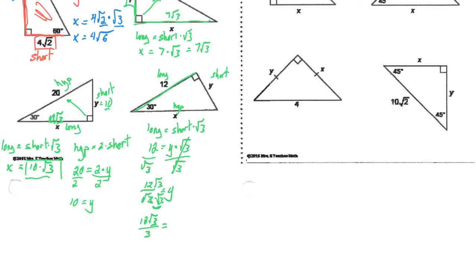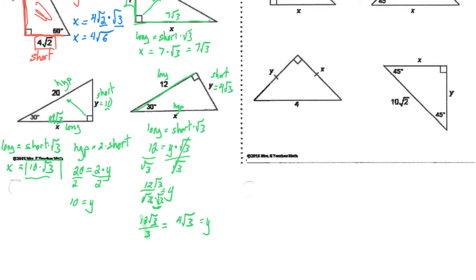Okay, then check these guys out, because I have 12 and 3 right there. 12 over 3, I can simply divide those. So that's going to give me 4 radical 3 is the y. So the short leg is 4 radical 3.